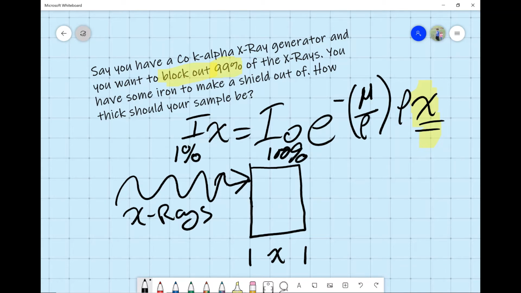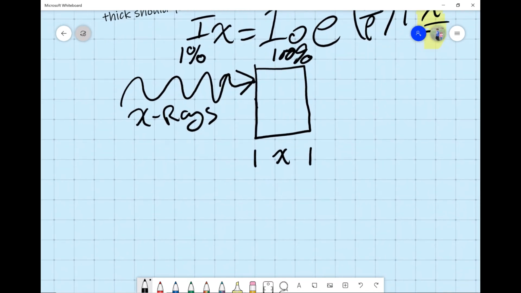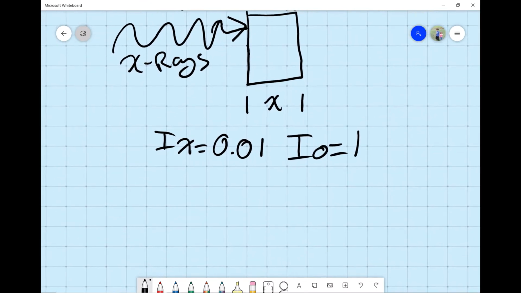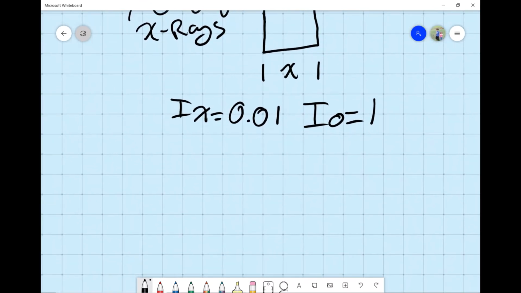You can convert this to a number, and then I naught kind of goes away, and so Ix you can say 0.01, and then you can say I naught is equal to 1. So you can rewrite your equation, and in terms of just the numbers we've just substituted Ix and I naught for.